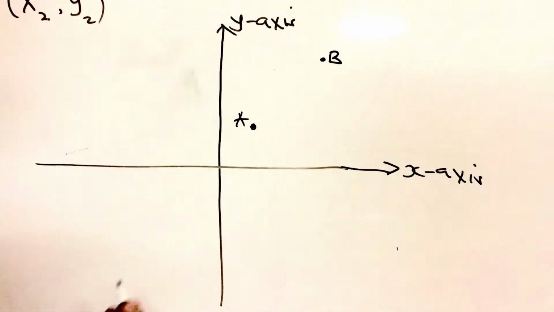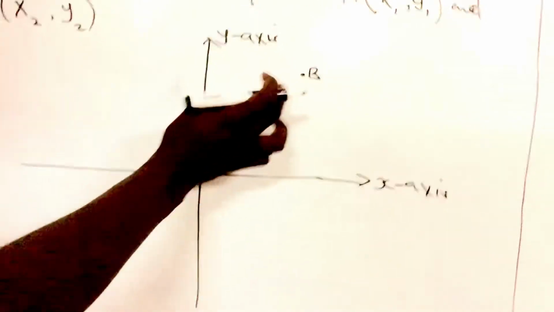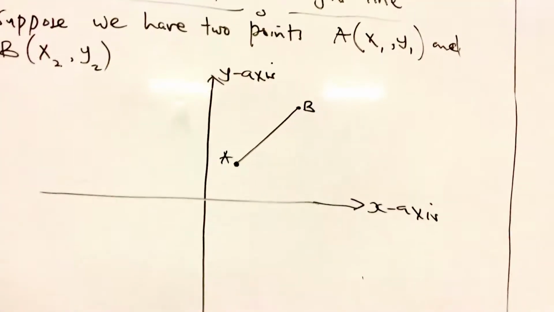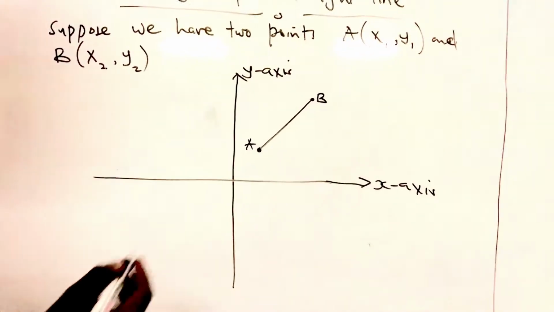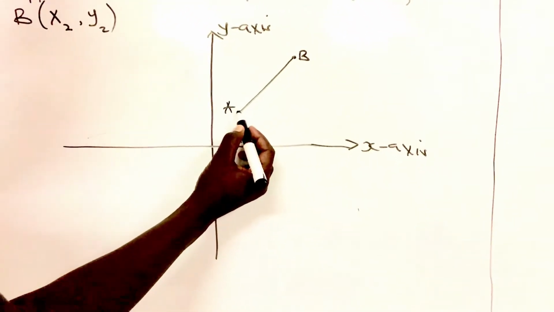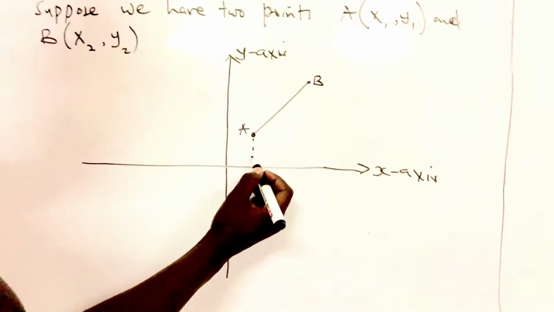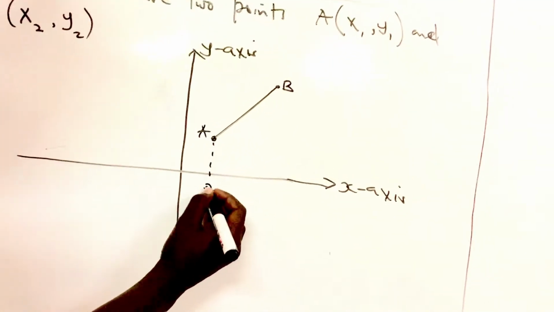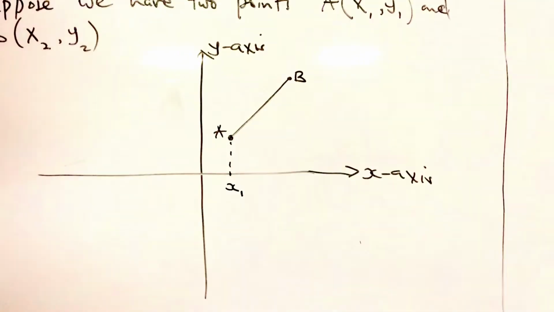There is a line that joins point A to point B. If we look critically, A has a coordinate on the x-axis, which we shall call x1.